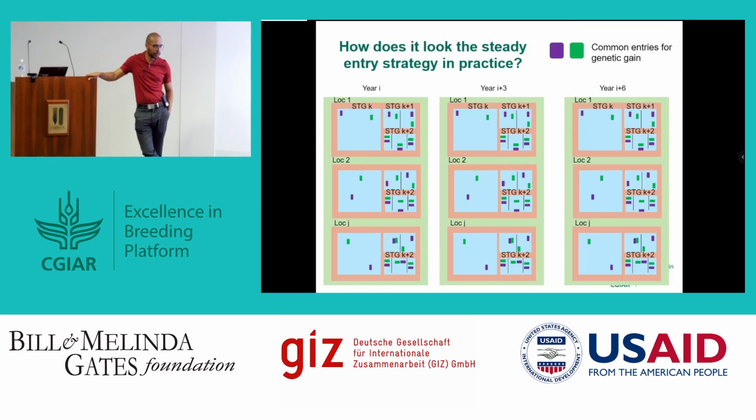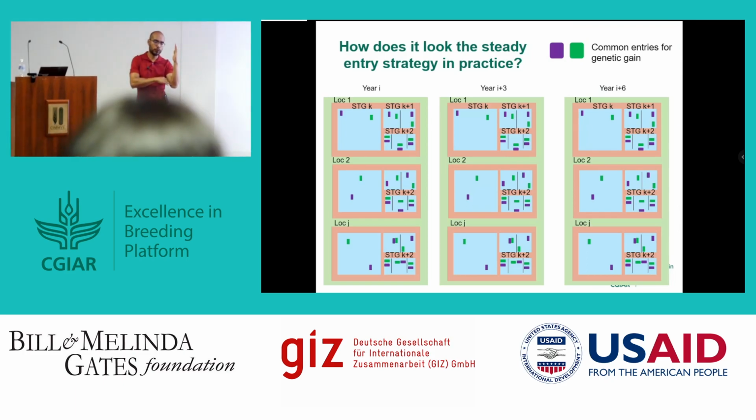It would be great that, when you are doing your regular multi-environmental trial analysis, some of the things that your biometricians provide is the performance versus the stability of the materials. So basically, if you're going to pick something to connect across years, it might be good that you look for an individual that has good stability in the dynamic sense.